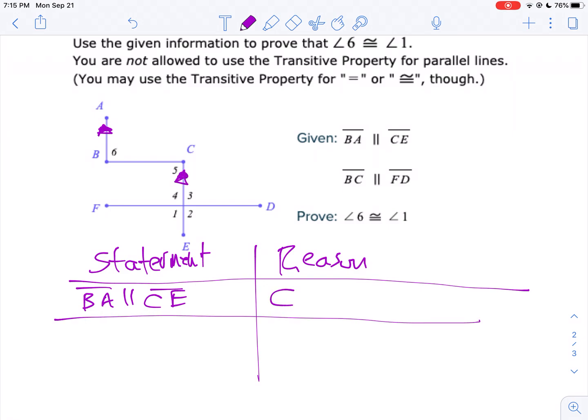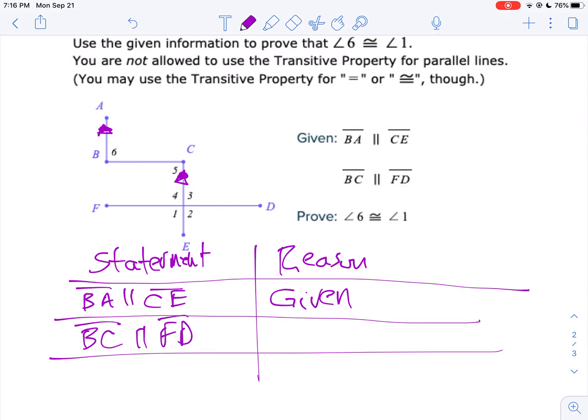That's given. We're also told BC is parallel to FD. That's given. Put two arcs or two arrowheads on that one.